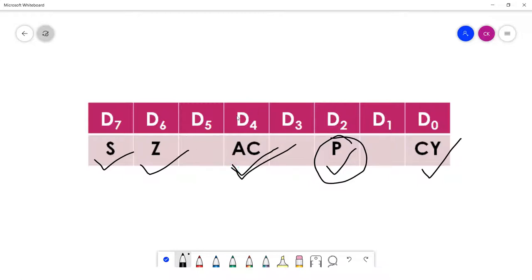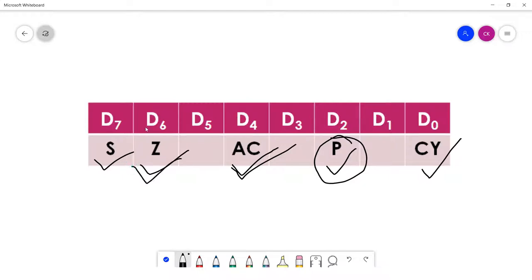Auxiliary carry flag is exclusively related to BCD operations. So whenever 8085 performs BCD related operations and if a carry is generated from the bit D3 position, then the auxiliary carry flag will be set, otherwise it is reset.